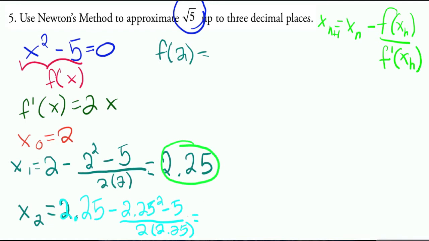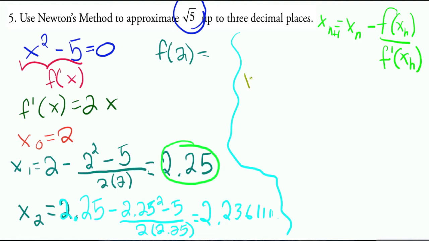Okay, and then if I plug that in, 2.25 squared minus 5 over 4.5. Okay, so then I get 2.2361111.